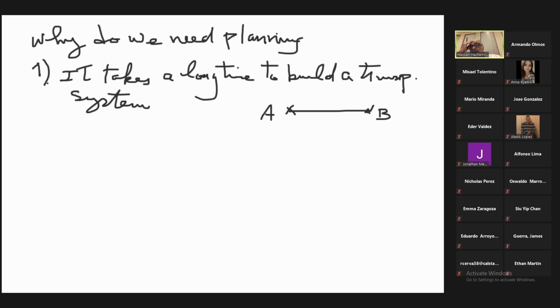Now if I'm sitting over there and say, okay, today there are 100,000 cars going between A and B. How many lanes do I need? For 100,000 vehicles, maybe I need 6 lanes. But by the time I build it and finish it, 15 years later, I might need 12 lanes, not 6, because 6 lanes is for today, and I don't have a highway today.